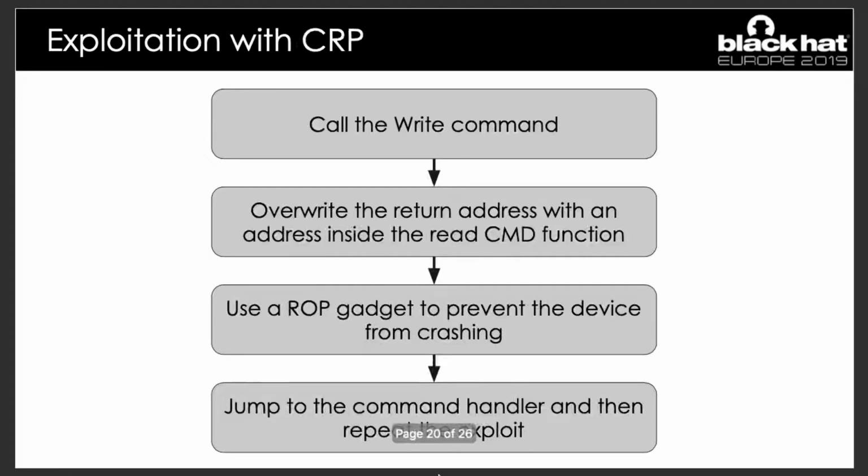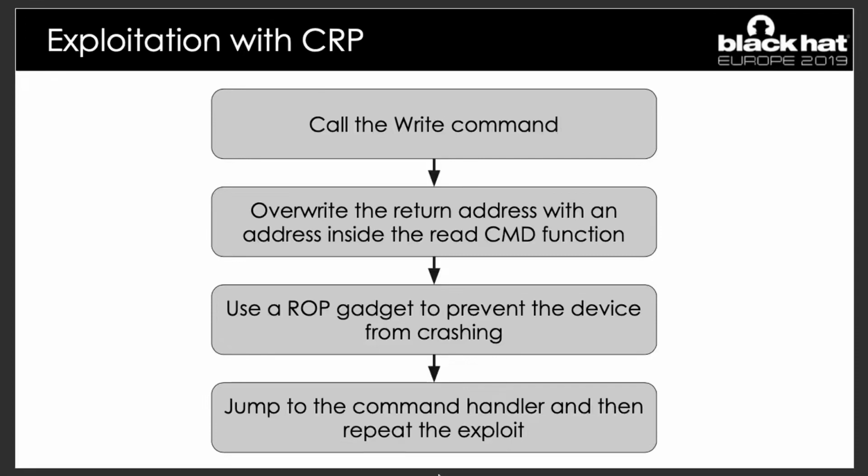Then we enabled CRP, and we started our exploitation with CRP level 1 enabled. At first, we called the write command. We overwrite the return address of the write command and make it jump somewhere inside the read command.